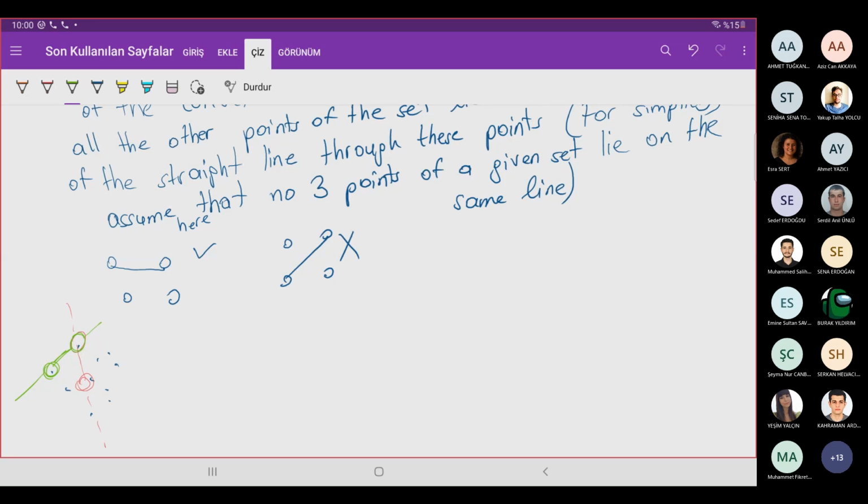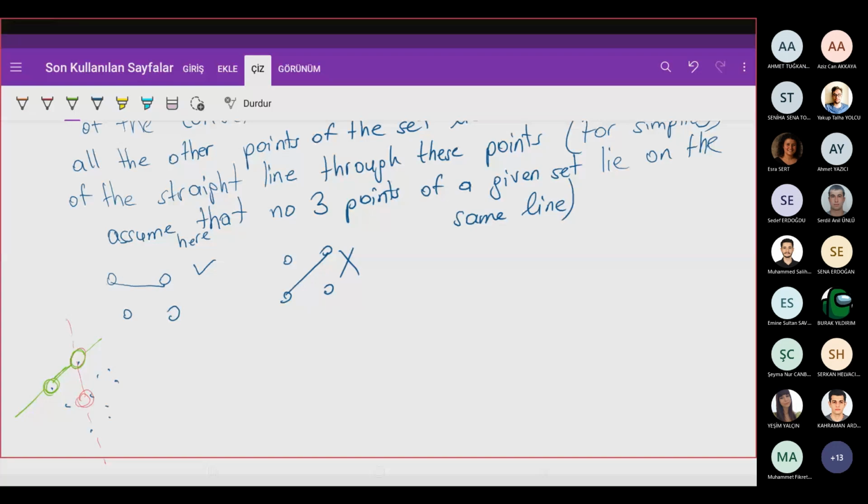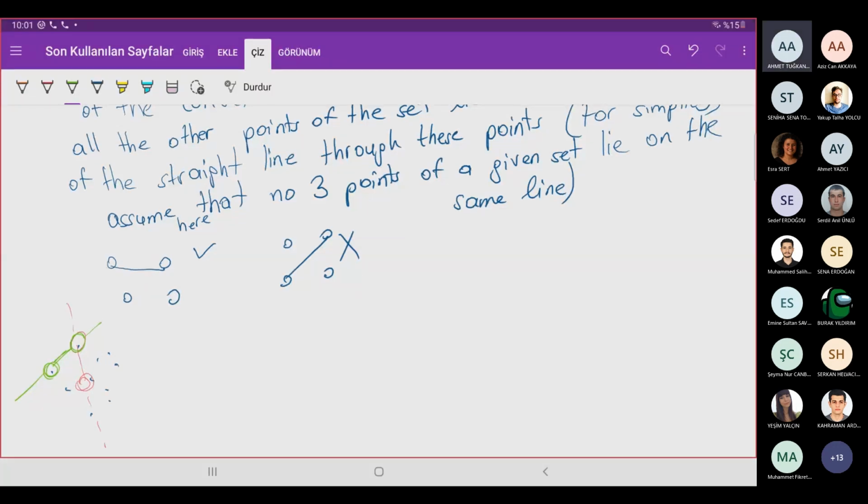We check all subsets of size 2. Then we use combinations. So how many pairs are there? N choose 2.